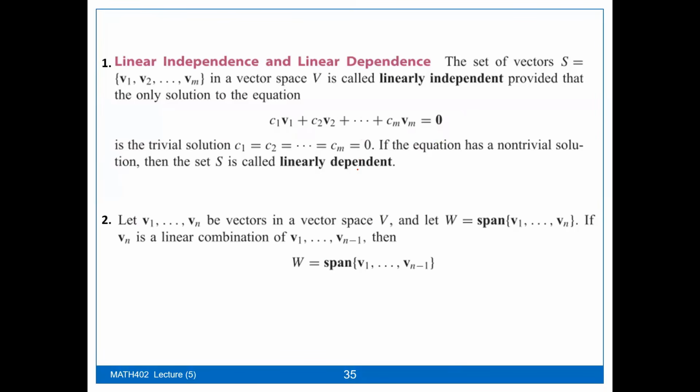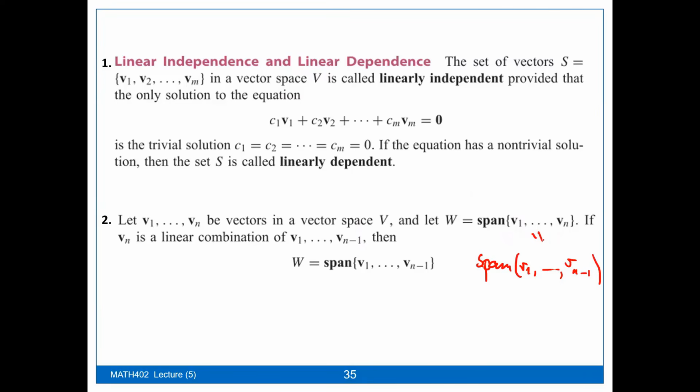Otherwise, it's linearly dependent, which means that one of the vectors in this list can be expressed in terms of the others. And in this case, if Vn is a linear combination of V1 to Vn minus 1, the span of these n vectors is the same as the span of the n minus 1 vectors, removing Vn.